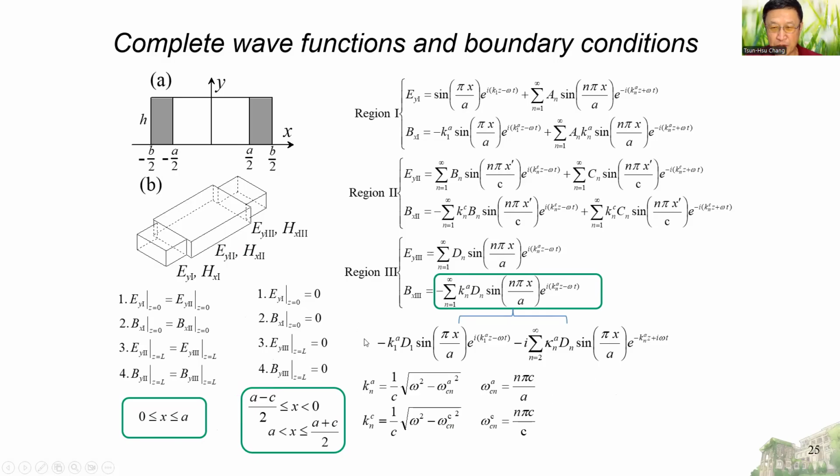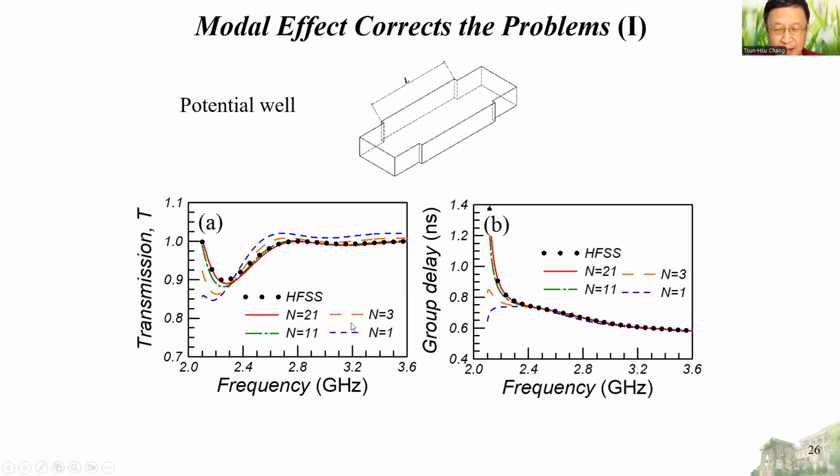When we complete wave functions and complete boundary conditions, see? As we increase the number of modes from 1, it disagrees; 3, better; 11, even better; 21 is good enough for transmission. For group delay, similar. Increase the mode number and the result agrees well.